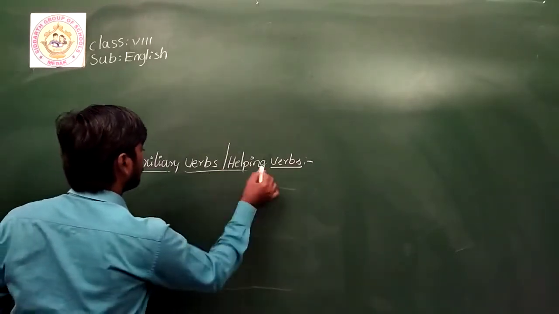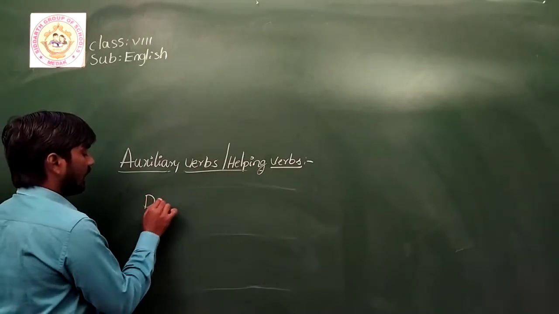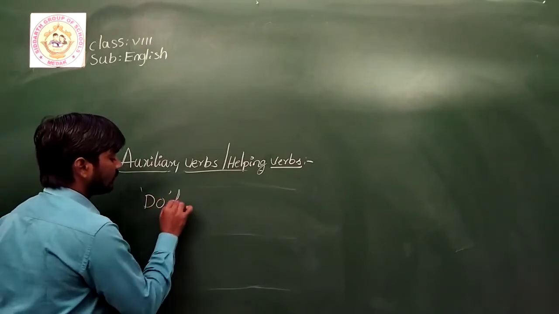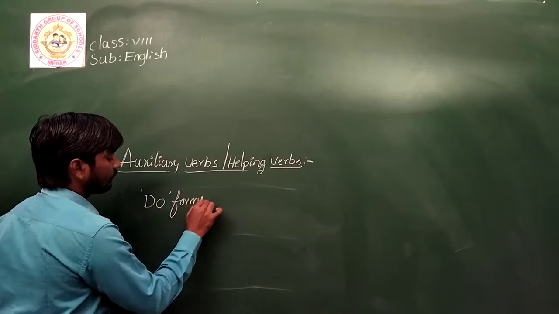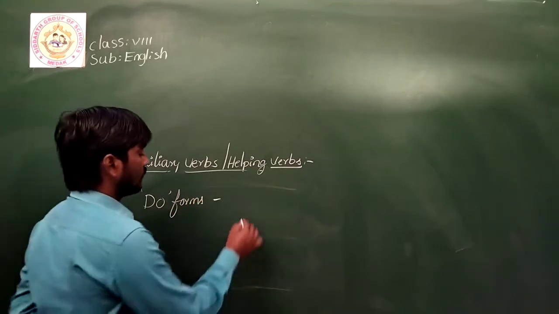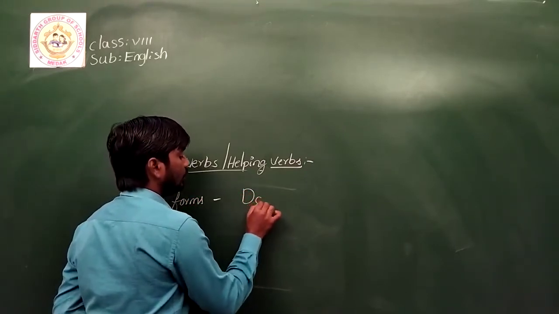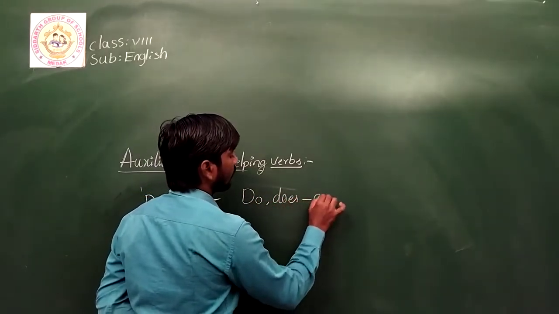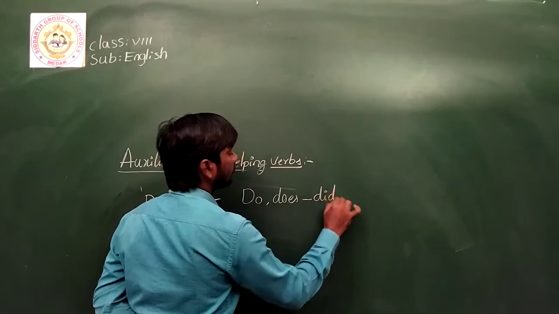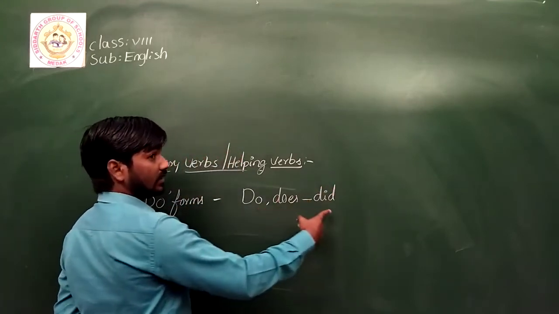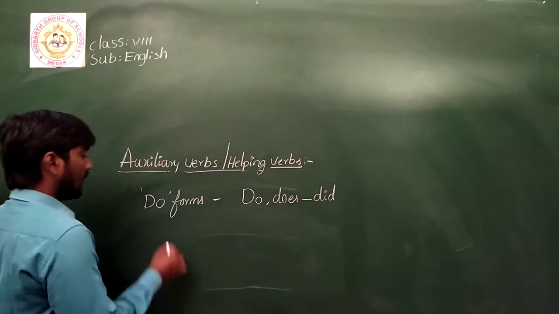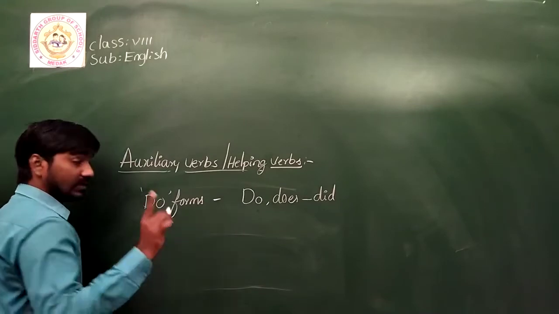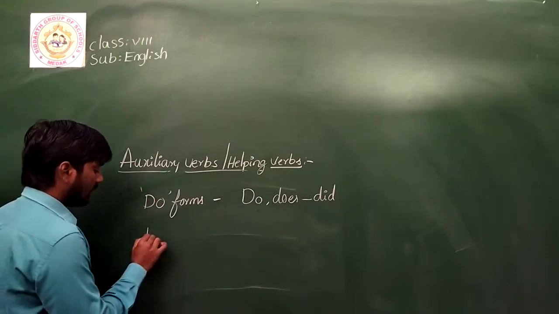So number one, do forms: do, does, did. So this is present and this is past.